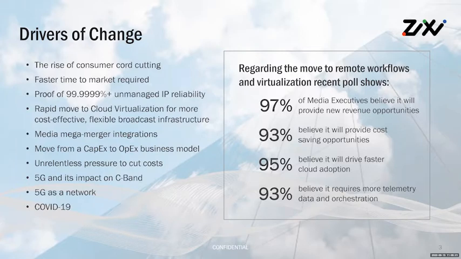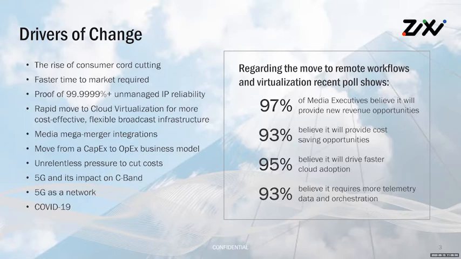So you've got how people are watching content, how quickly you have to move in the market, the fact that there are software-defined video platforms that can give you 6 nines of reliability and do as well or better than satellite in an unmanaged world, but also work in managed environments. The rapid move to virtualize for cost-effective reasons, but a whole other list of benefits, which I'll talk to a little bit later about.